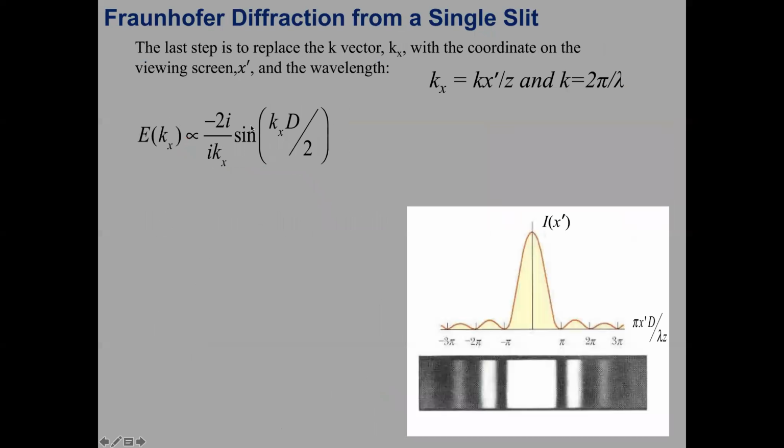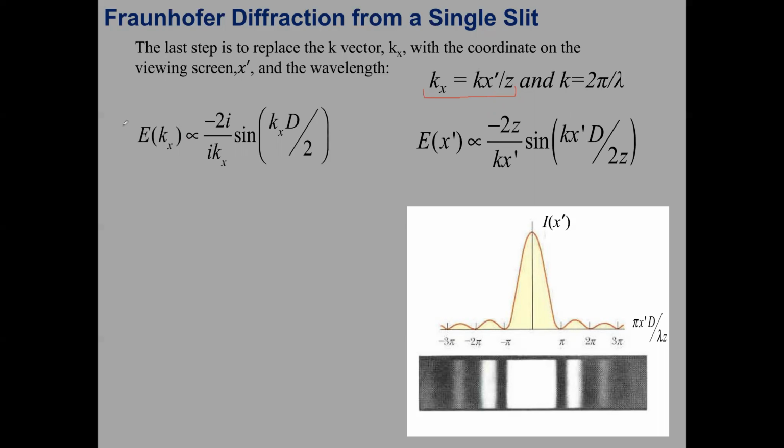And we're going to replace kx with this general relation that applies in the two-dimensional or three-dimensional problem. kx is going to be equal to the wave number 2 pi divided by lambda times x prime over z, z being, again, the distance from the aperture to the viewing screen.